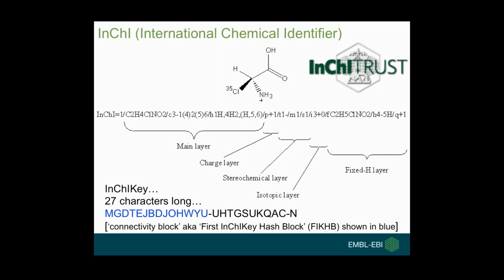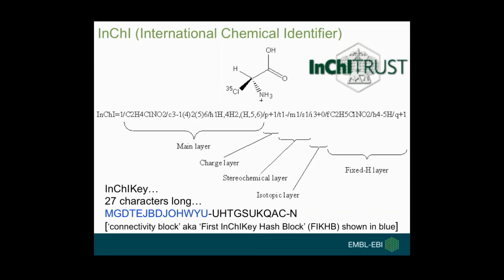So the hashed representation, which you see beneath, is called the InChI key, a 27-character fixed length string, all of capital letters and hyphens, which is created by a hashing algorithm during the formation by the InChI software.